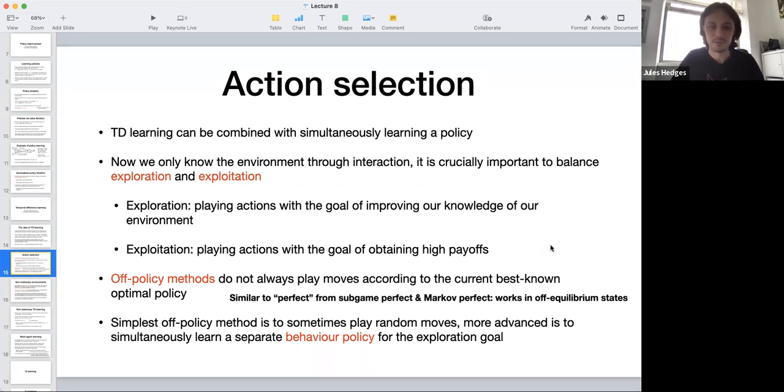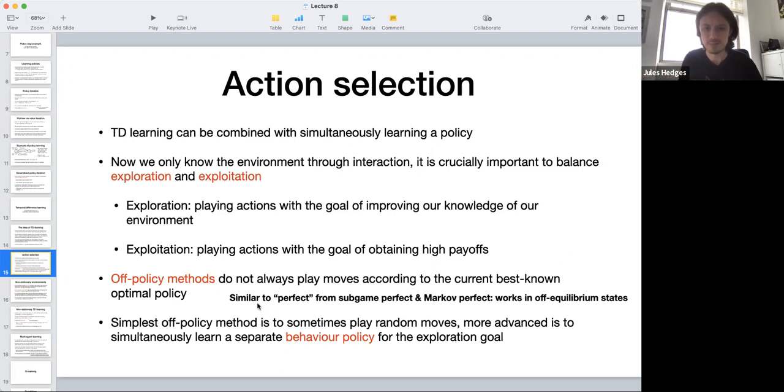So reinforcement learning methods are often what's called off-policy methods. So you're learning a policy, which is your estimate of the best policy, the one that's going to lead to the highest payoffs. Off-policy methods are reinforcement learning methods that don't always play what they currently believe is the best move. In other words, they sometimes do something else in order to satisfy the exploration goal.